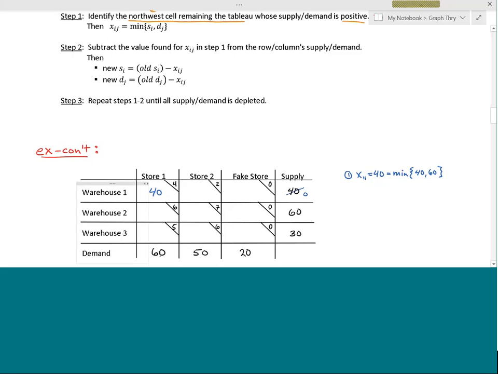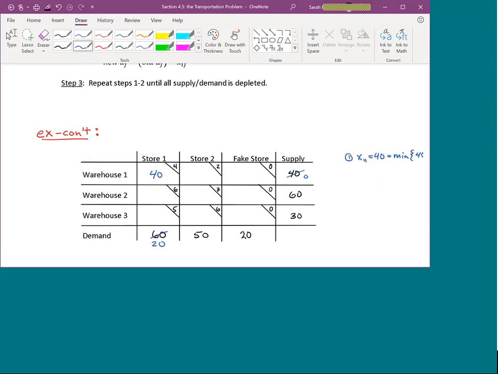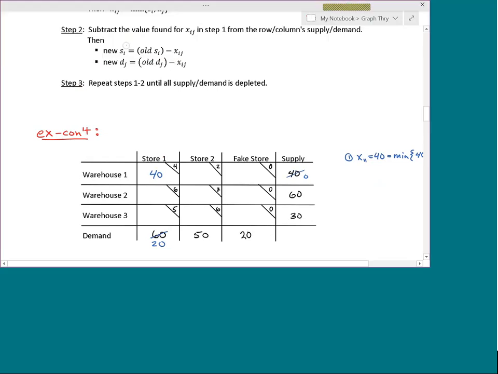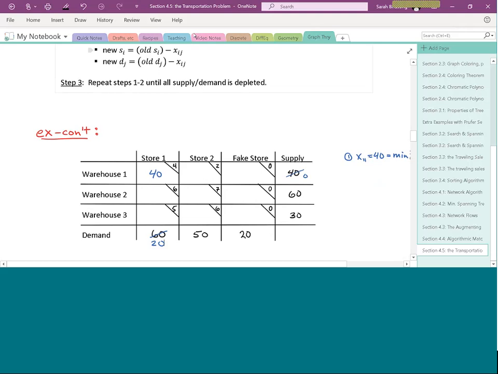Now, when we adjust our demand, store 1 has actually received 40 units, so that means there are 20 units left that they're still demanding. There we go.